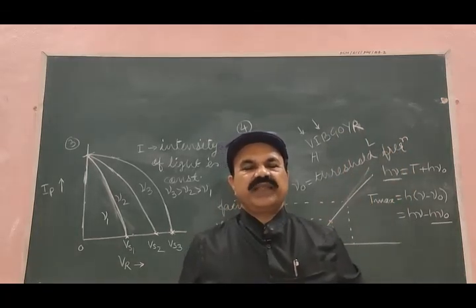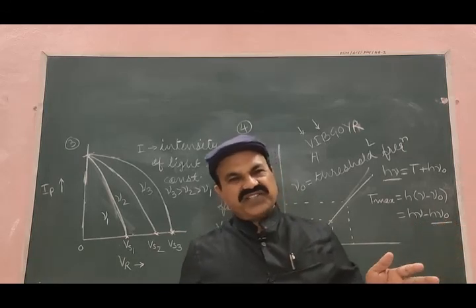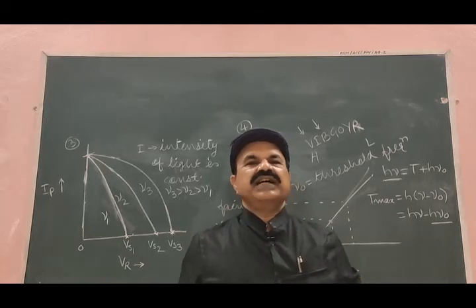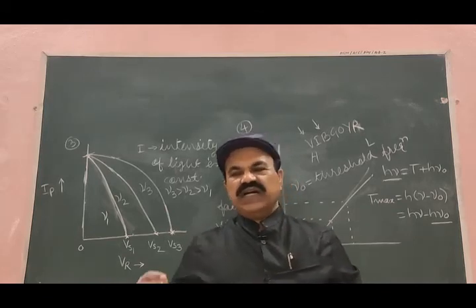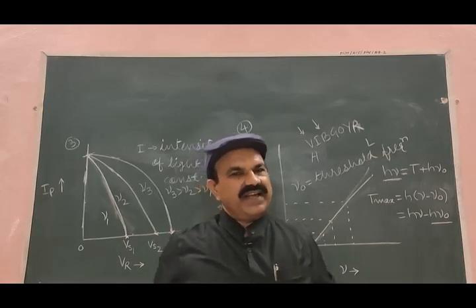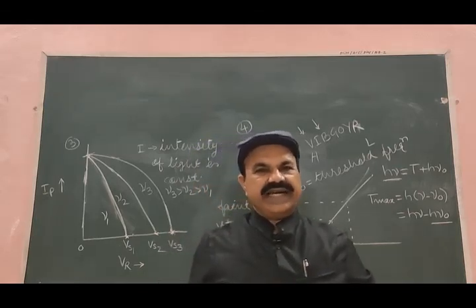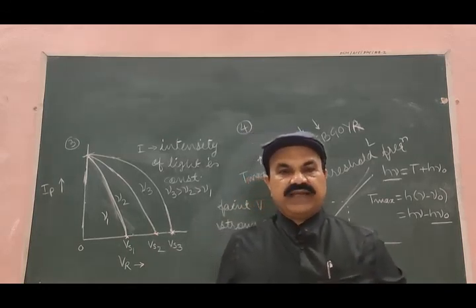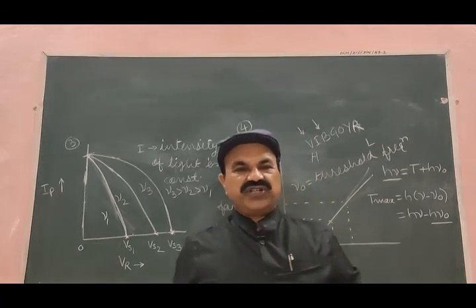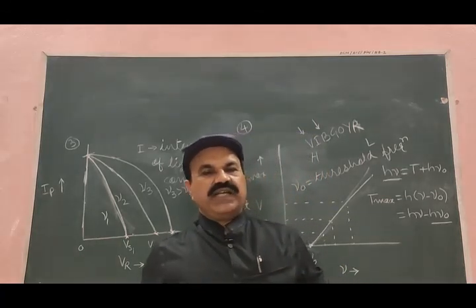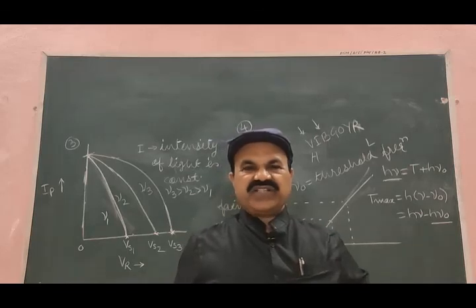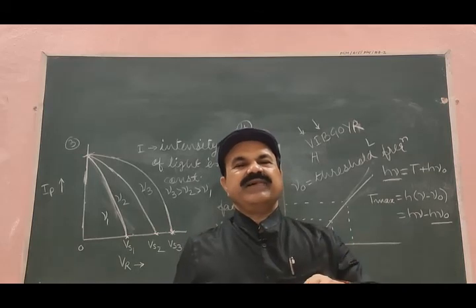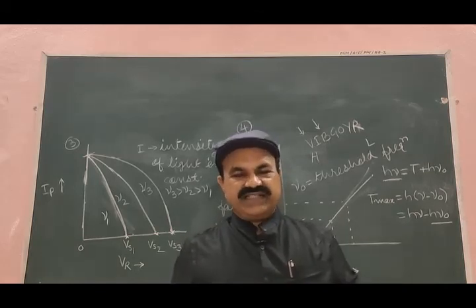When the retarding potential is increased, the photoelectric current goes on decreasing and becomes 0 at different retarding potentials, which are taken as the stopping potentials. There we found that high frequency means high stopping potential, and low frequency means low stopping potential. It means that the average kinetic energy of photoelectrons is decided by the frequency and not by the intensity.